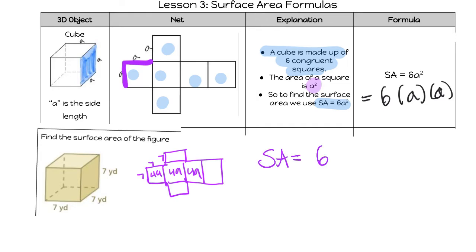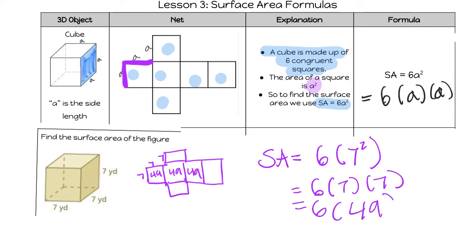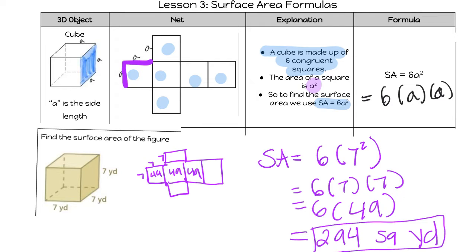The surface area is 6 times my side length of 7 squared, which means 6 times 7 times 7, 6 times 49, which is 294 square yards. So that is the surface area of my cube.